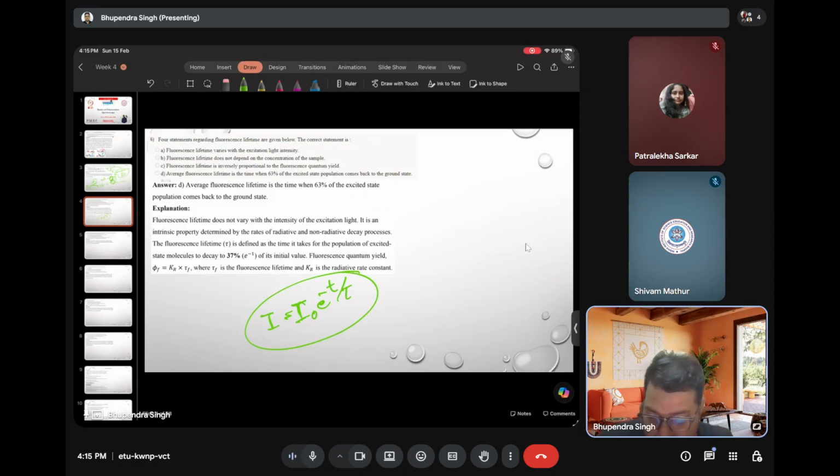The correct statement is: the fluorescence lifetime varies with the excitation light intensity; fluorescence lifetime does not depend on the concentration of the sample; fluorescence lifetime is inversely proportional to fluorescence quantum yield.